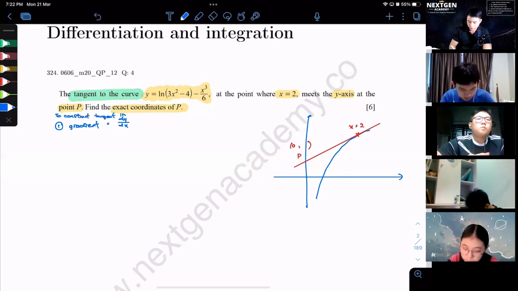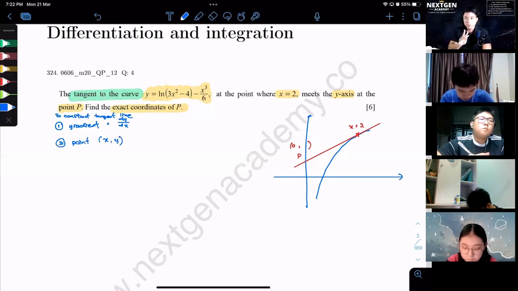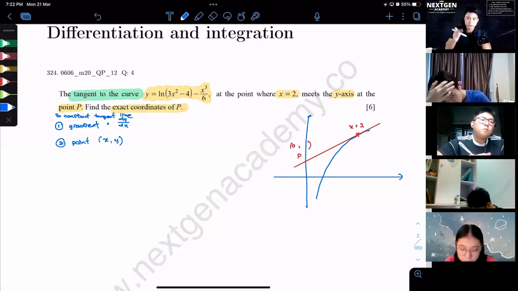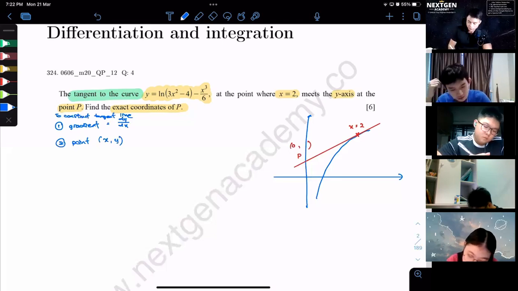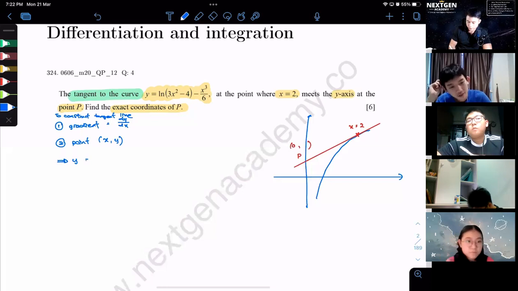Number 2, I need a point, x and y. Regardless of the chapter, for a straight line equation you just need 2 things only: gradient and point. Then you find y equals mx plus c.